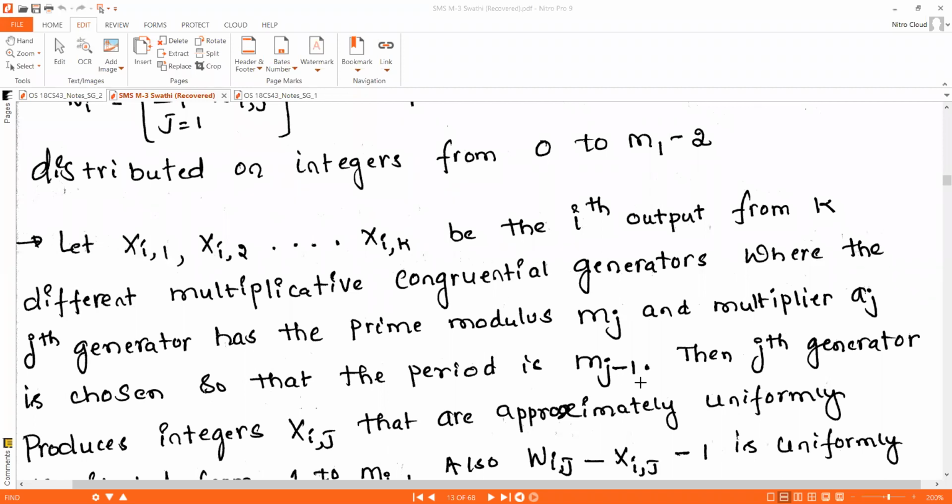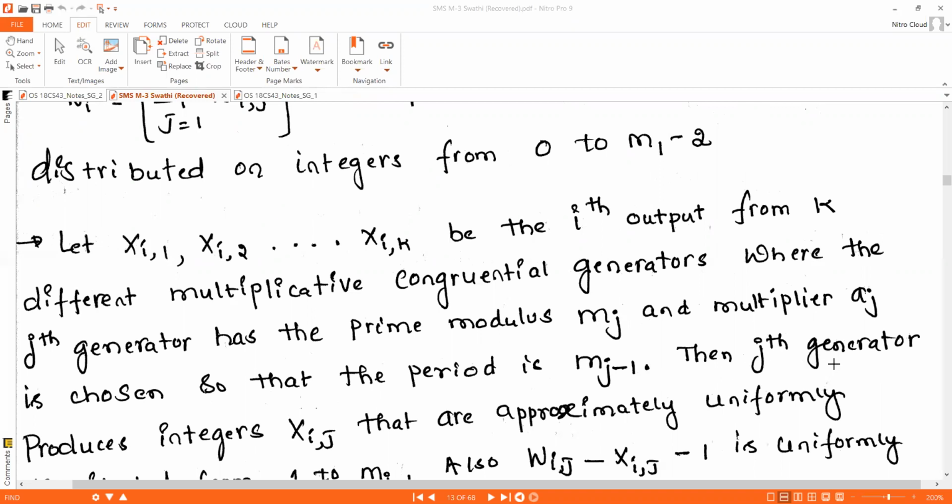Within this period we need to choose the mj value and aj value. mj is the modulus value and aj is the multiplier, and these two should be chosen so that the period is mj minus 1.